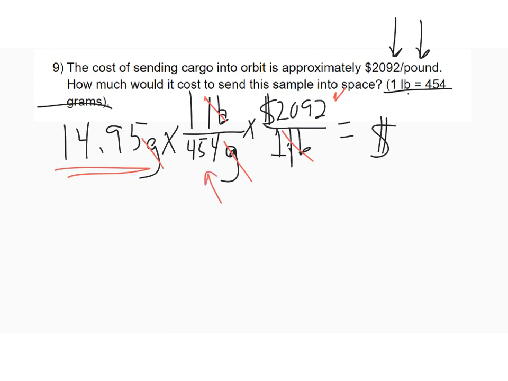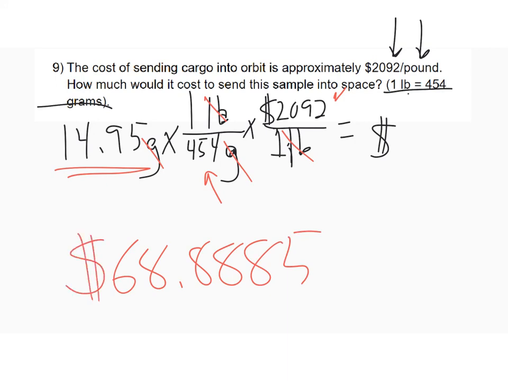When I do that, I get $68.8885. But my starting measurement has 4 digits, so I'm going to round this off at 4 digits. So my final answer will be $68.89 to send that little piece of zinc into space at current rough cost.